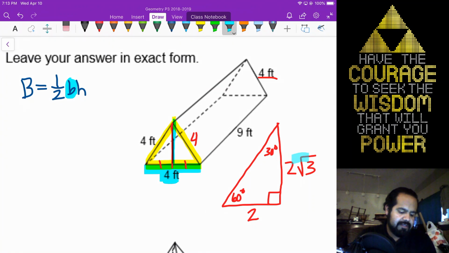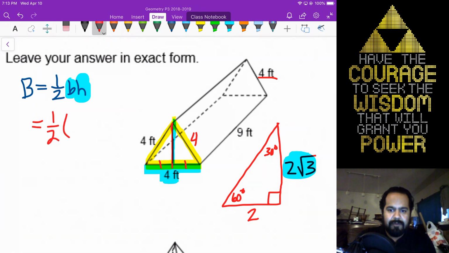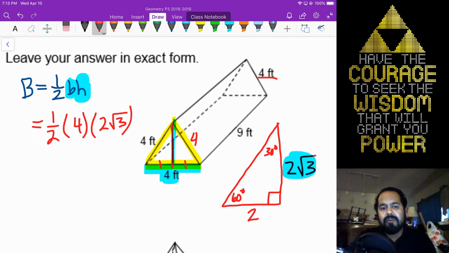Right there is our height. That is that length there. So we just substitute. So we say 1/2 of 4 times 2 rad 3. So when you take 1/2 of 4, you're going to get 2. 2 times 2 rad 3 will get you 4 rad 3. So that's your base area.